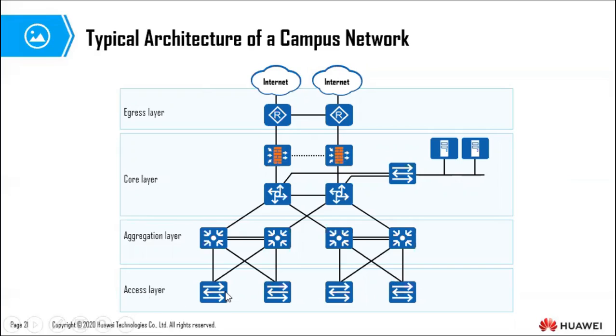The access layer will normally have the layer 2 switches that provide access to the end devices, to the hosts. In the aggregation layer, we might use layer 3 devices that enable inter-network communication between the access devices. Then the core layer, then the egress layer that connects us to the internet.